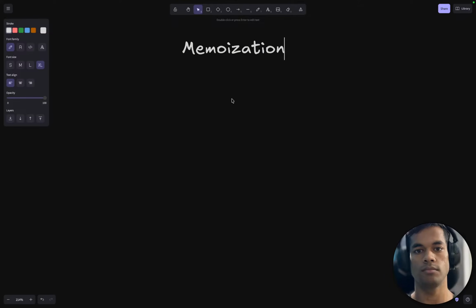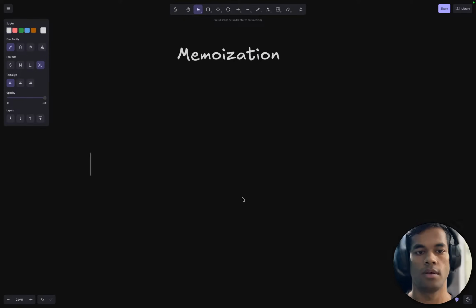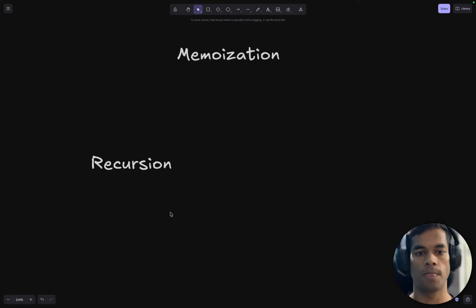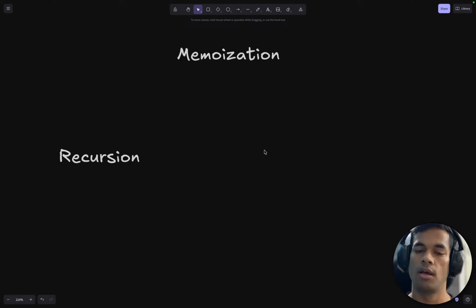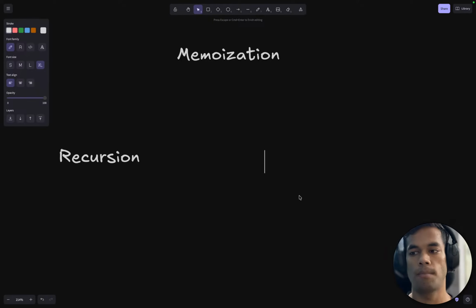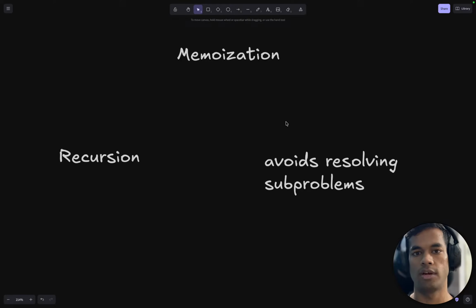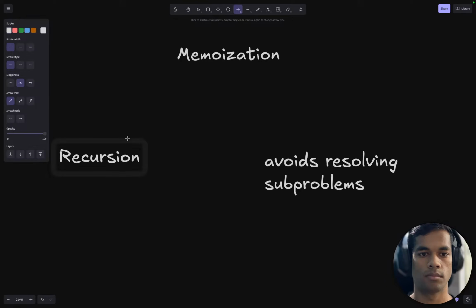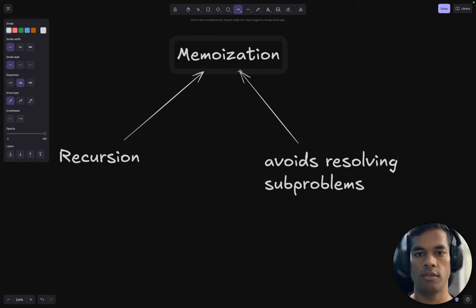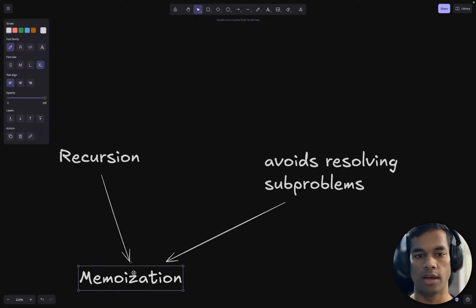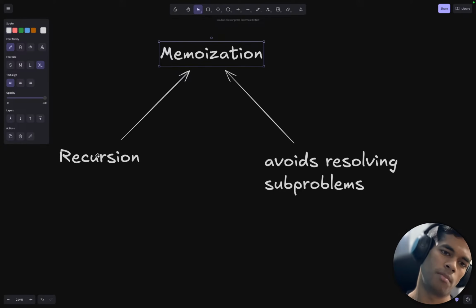Memoization: we use this with recursion, and this avoids solving the same subproblems again and again. That is kind of it about memoization.